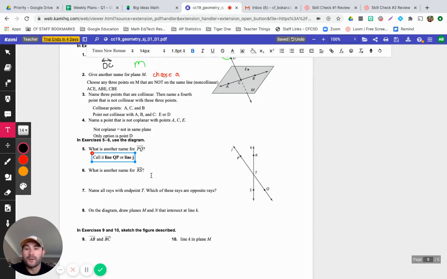You can call it RS, or this one could be called SR, or just the letter K. So it's almost identical to number 5. This one could be called SR or K.